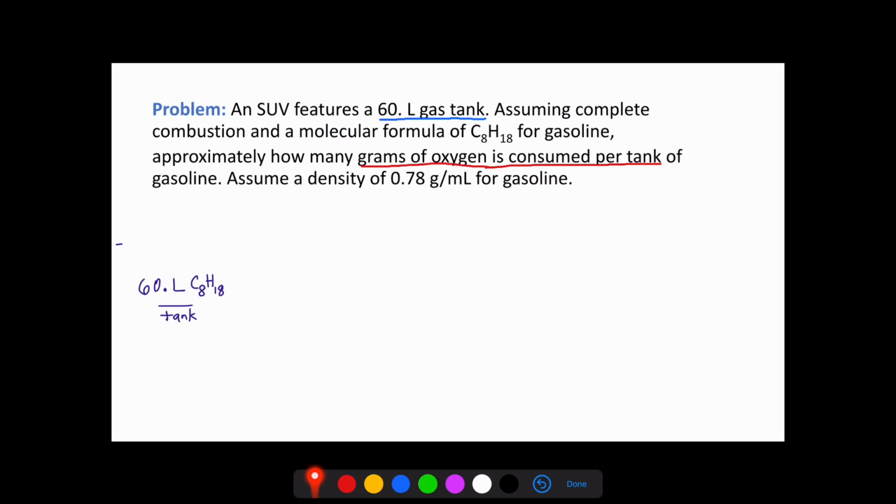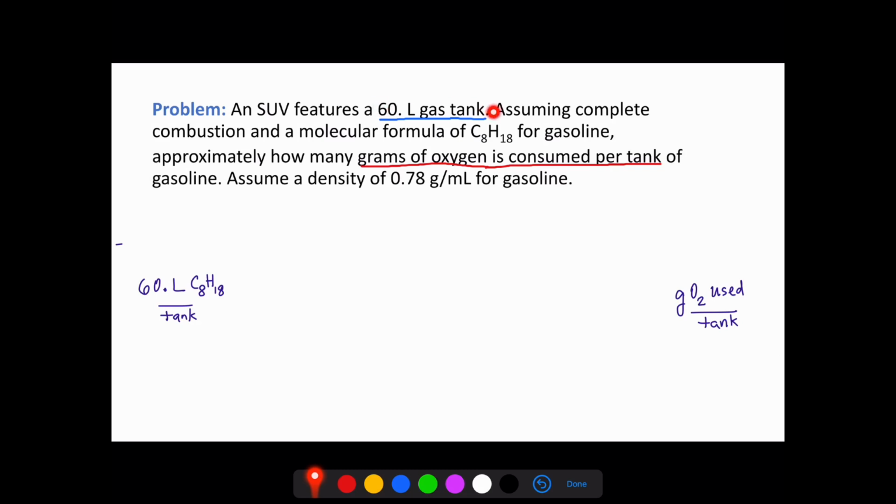So instead of gas, I'm going to write 60 liters C8H18, which is octane. And if you know this, then based on this, how would you calculate grams of oxygen consumed or used per tank? This is your given, and this is what you're looking for.